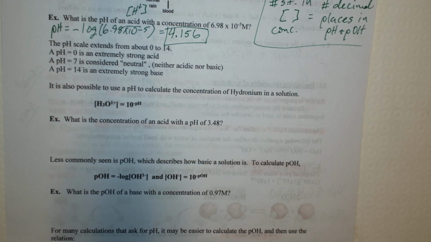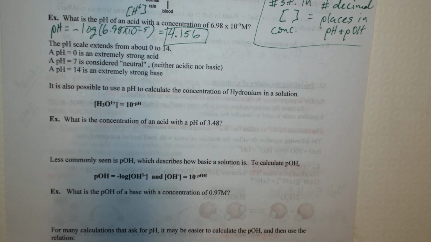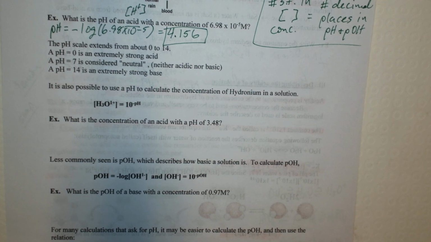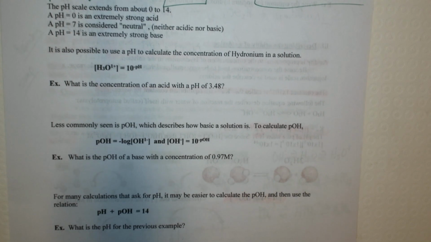If you have something approaching 7, like around a 5 or a 6, that's probably a weak acid. If you have something like a 14, a really high pH, that's probably a very strong base. If you have something around an 8 or a 9, that's probably a very weak base. So you do have to understand strengths of acids and bases in terms of numbers, not just amount of dissociation.